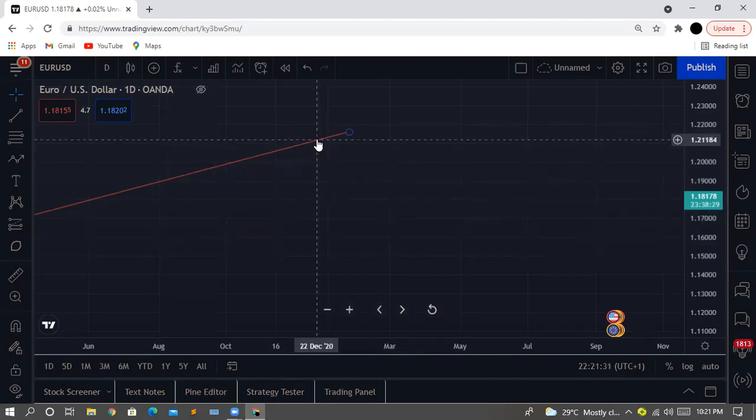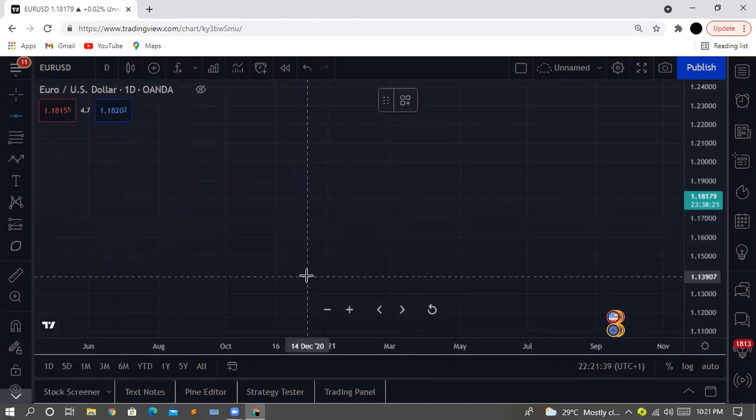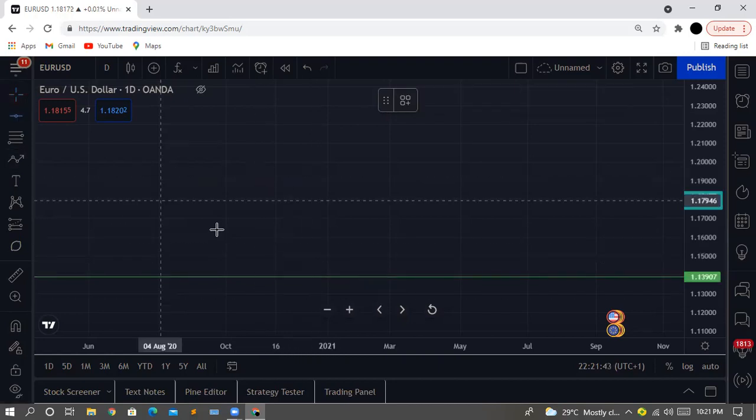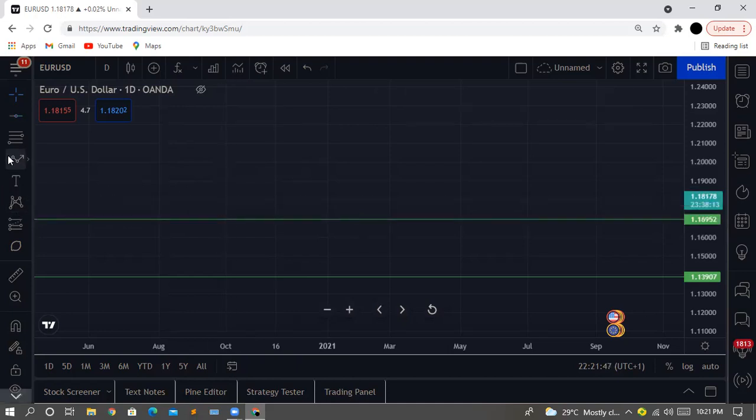For the horizontal as well, you can also have a channel. For horizontal, your support can come in any form. When we're talking about the diagonal, we said basically support is for uptrend, resistance is for downtrend. But for the diagonal, you can have support or resistance anyhow. It does not have any specification.